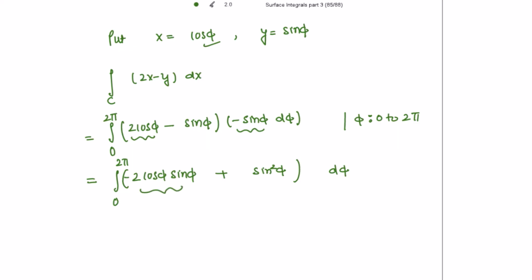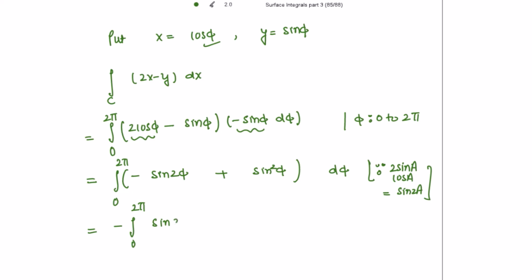Now 2 sine A cos A is sine of 2A, so I'm writing this as sine of 2 phi, using the identity 2 sine A cos A equals sine of 2A. The integral is the negative sign outside, sine of 2 phi d phi, plus the integral of sine square phi d phi, with limits from 0 to 2 pi.